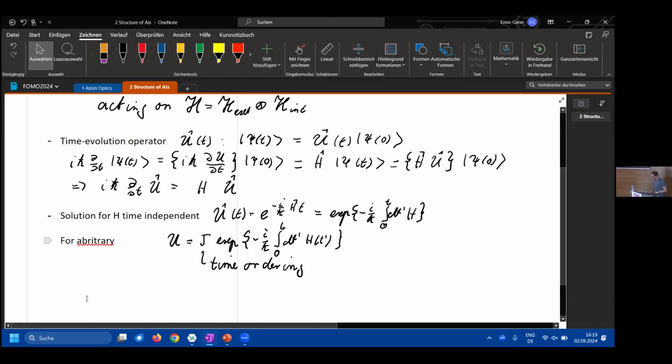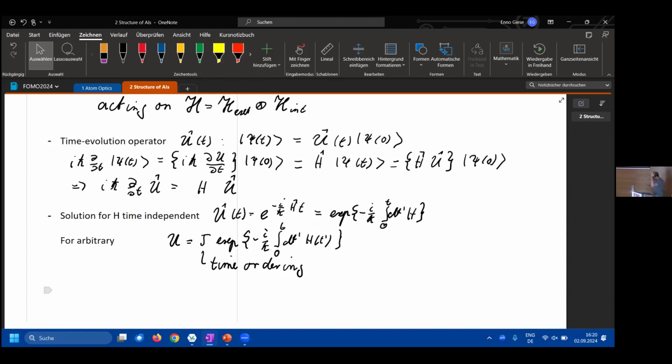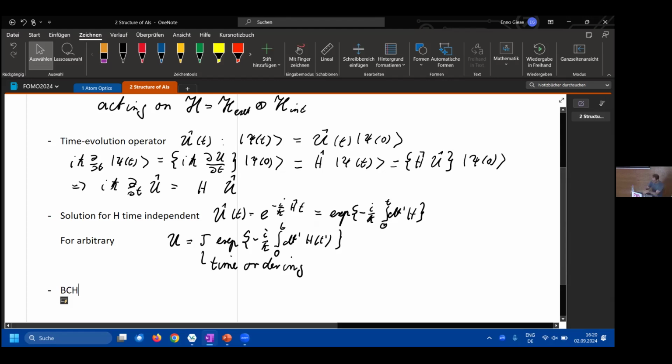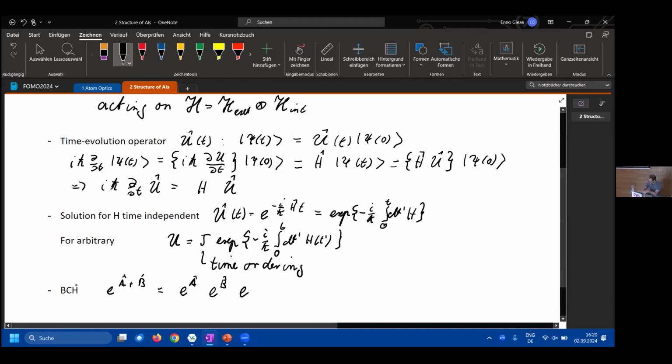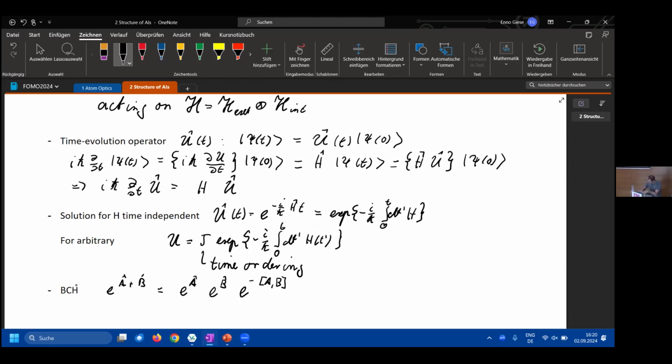Now I said both parts of this Hamiltonian commute with each other, and that's cool because we remember our favorite Baker-Campbell-Hausdorff: we know that e to the A plus B is equal to e to the A times e to the B times e to the minus the commutator of A and B times higher orders, but we can neglect those.